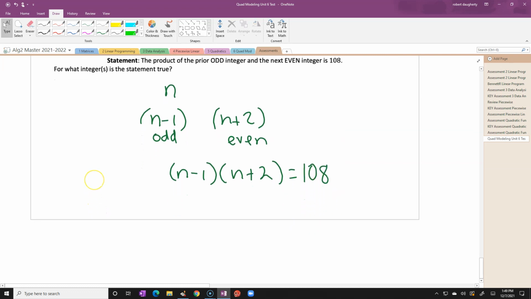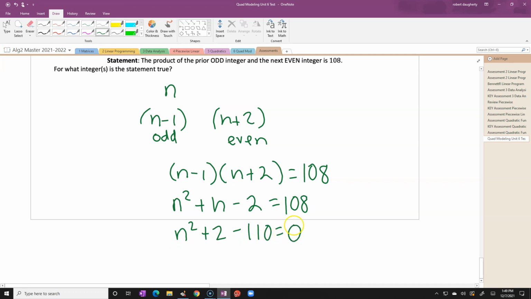And then when you look at that, you're going to have n squared plus n minus 2 equals 108. So n squared plus n minus 110 equals 0, once I subtract that over.